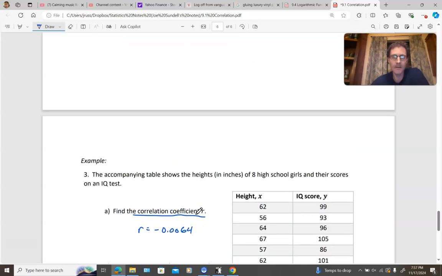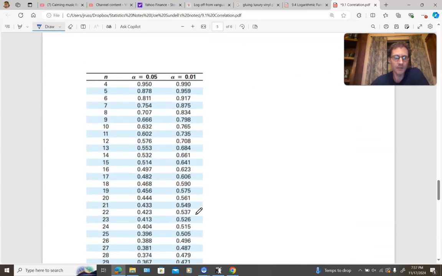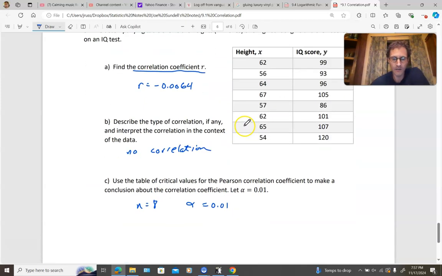So let's come back up here. Here is 8 for our sample size, and here is the corresponding value at that particular level of significance, 0.834, okay?